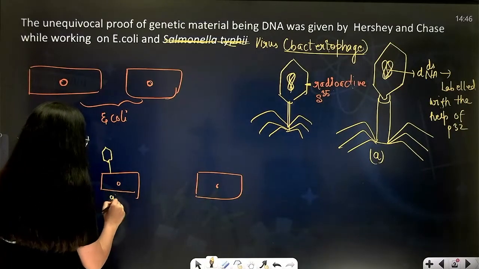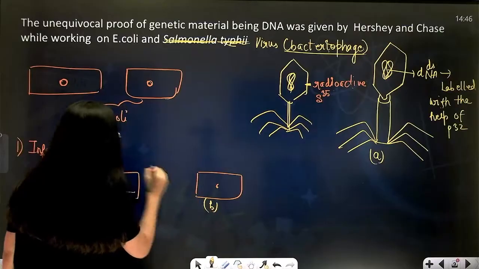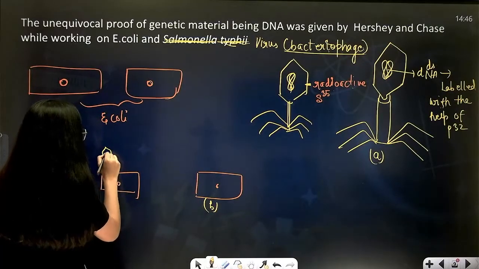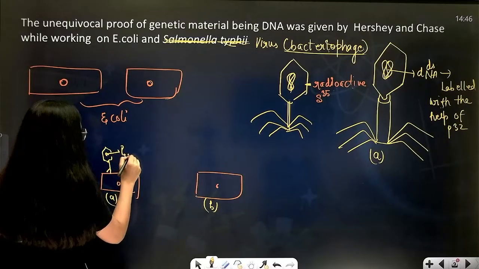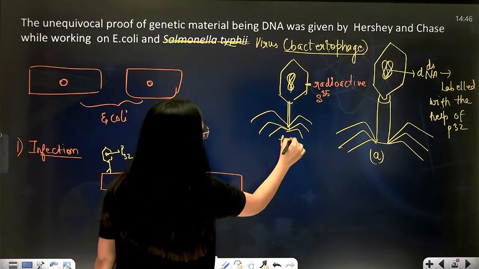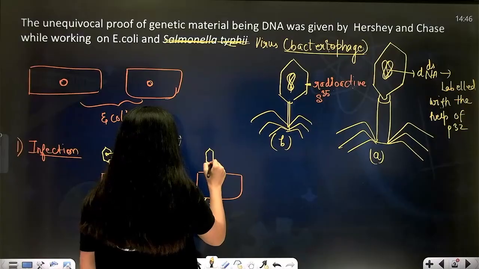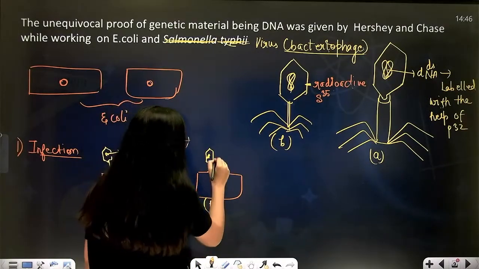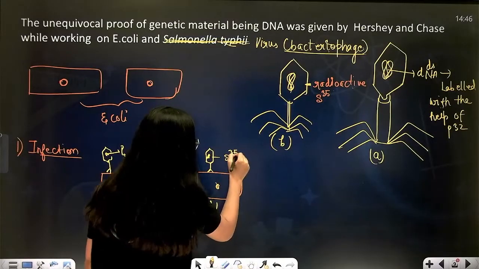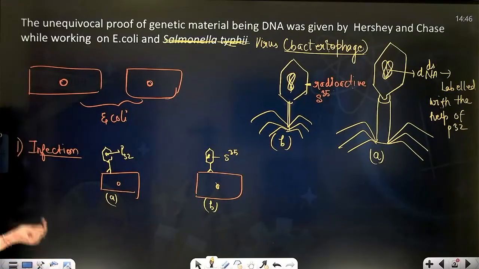Suppose this is A E. coli, this is B E. coli. So A E. coli is having P32, whereas B bacteriophage, which is going to infect the B E. coli, is having S35. So the first step, infection, is done.